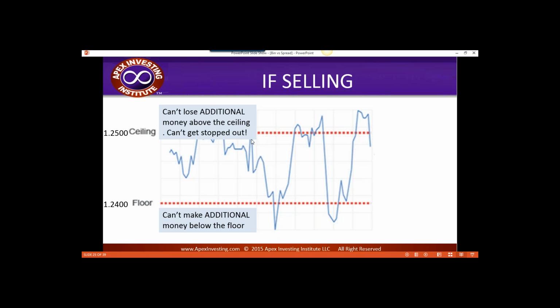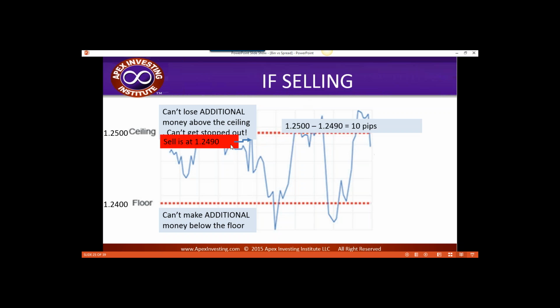If I say the market's going down, but it goes up, I don't lose any more past this ceiling. It could go up 200 points the wrong way against me, but I don't lose any more above this ceiling. That's my capped risk. If I'm right and the market goes down, I don't make any more past the floor. My spread, where I make money or lose money, is between this floor and ceiling.